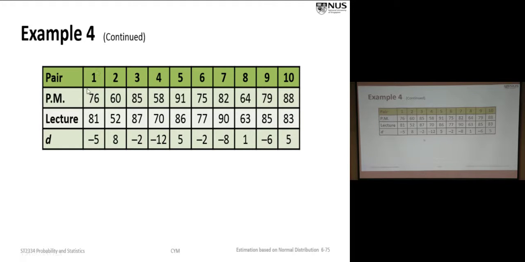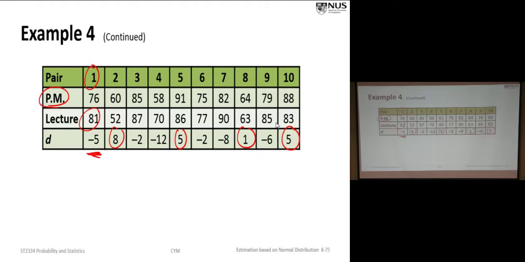So this is the result. The first pair: the one who went through the programmed materials got 76, and the one who went for lectures got 81. This is the difference, xi minus yi. There are some positive and some negative. Looking at the positive ones, 1, 2, 3, 4.